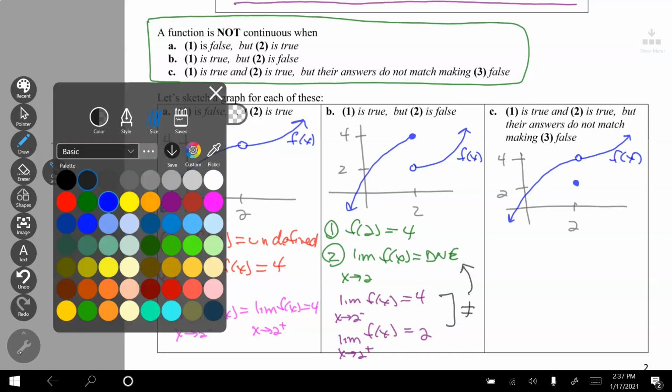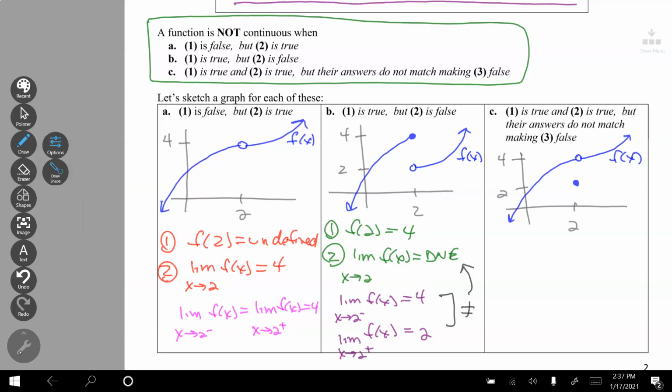And the last one deals with the idea that part 1 and part 2 are both true. Part 1 is the value, so f of 2, I have a solid dot at 2, so that's true. Part 2, the limit as x approaches 2 of this function is equal to 4, because you can see that the left side and the right side do meet together at y equals 4.